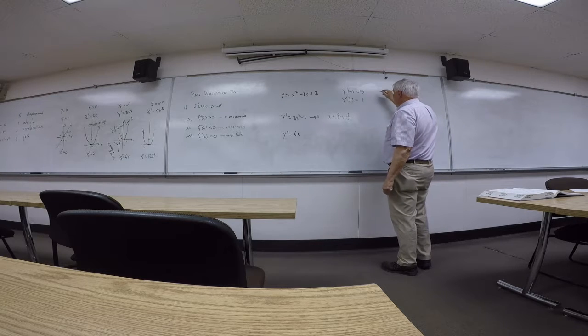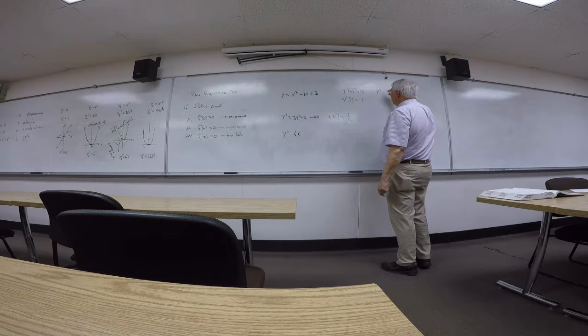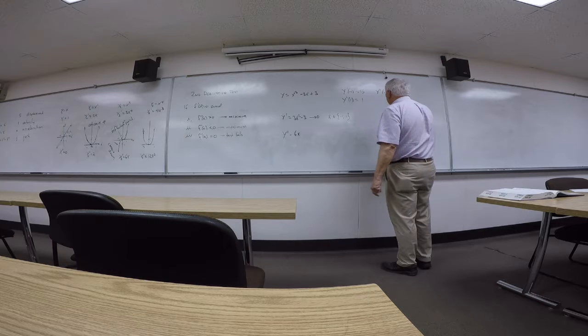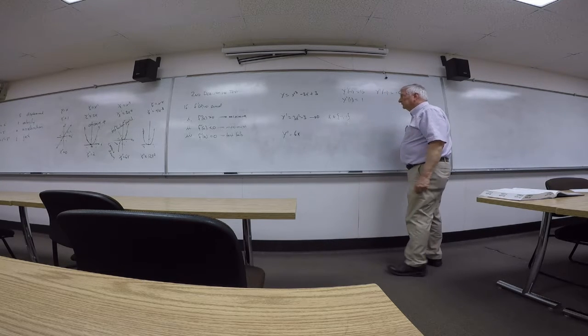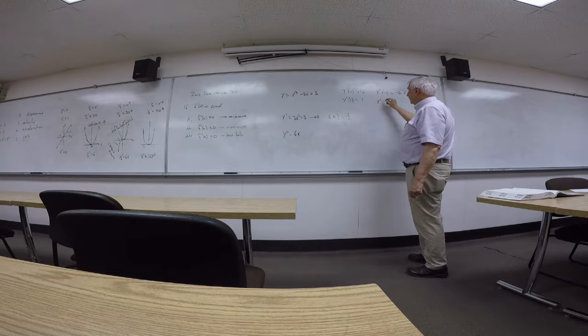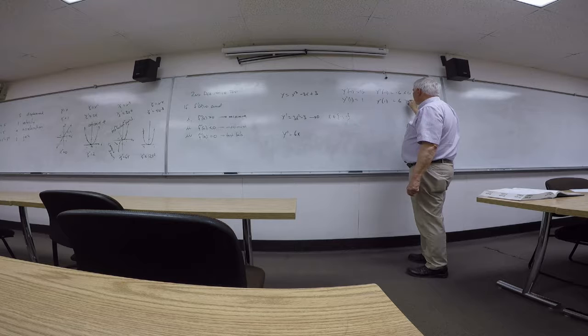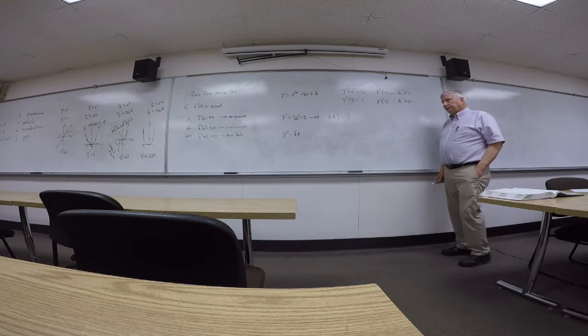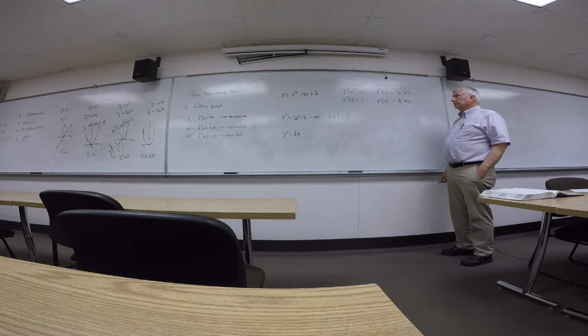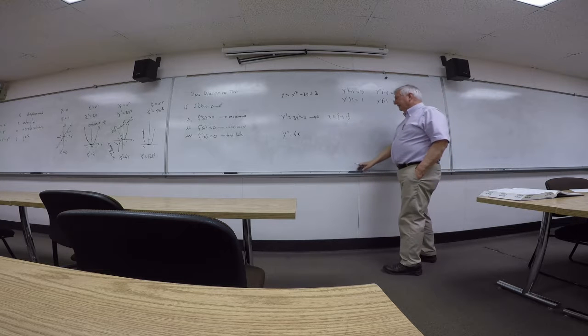Looking at second derivatives, y double prime at negative 1 is negative 6, which we note is less than 0. Y double prime at positive 1 is positive 6, which we note is greater than 0. So, this is wrong.